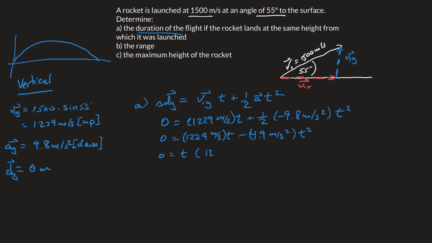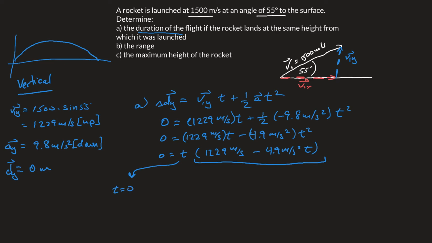That's going to leave us with 1,229 meters per second minus 4.9 meters per second squared t. And of course, either t is equal to 0 or this component in the brackets is also equal to 0.